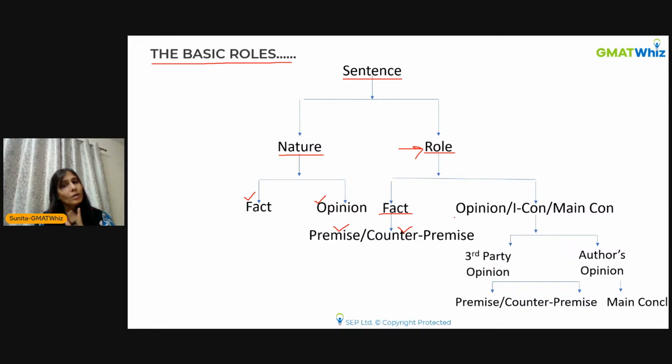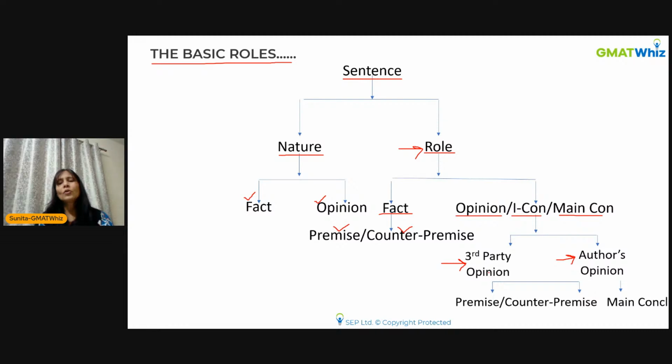On the other hand, if we have an opinion, that opinion could play the role of an intermediate conclusion, what we call IC, or the main conclusion. Now, when we talk about an opinion, it can be broadly classified into two categories. One, the third party's opinion, and the other, the author's opinion.